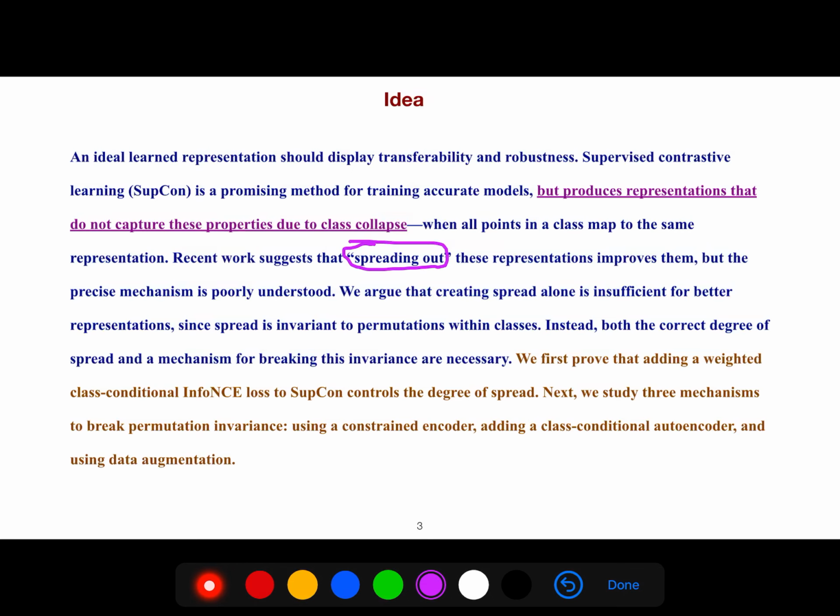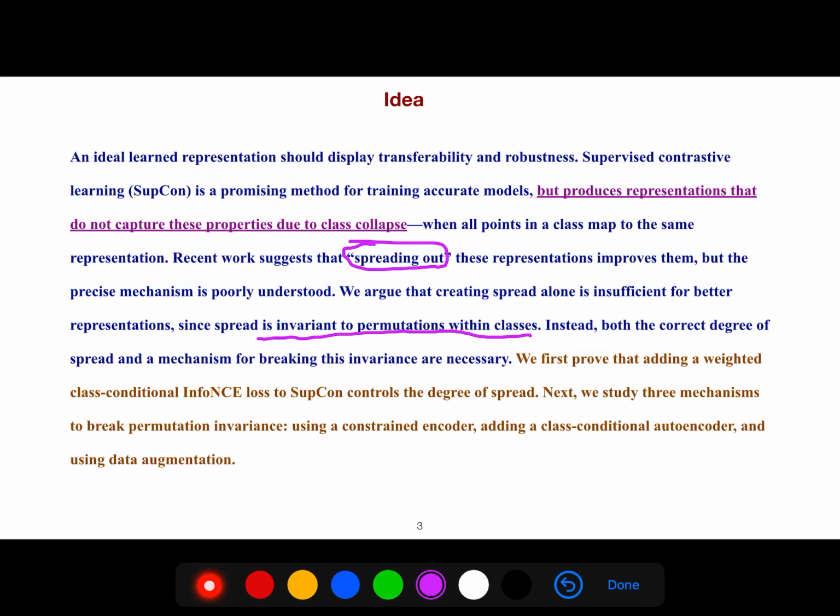We argue that creating spread alone is insufficient for better representation, since spread is invariant to permutation within classes. Instead, both the correct degree of spread and a mechanism for breaking this invariance are necessary.